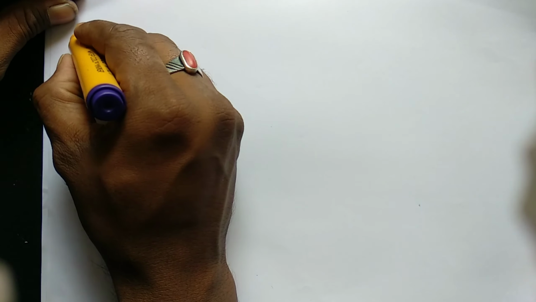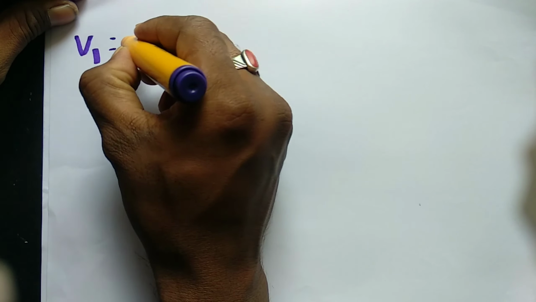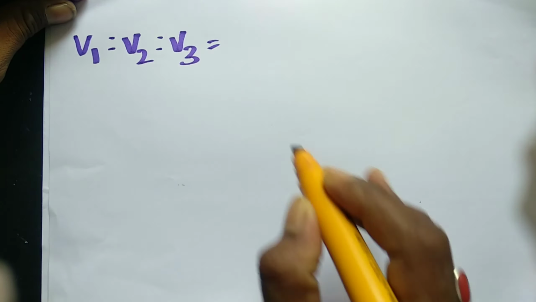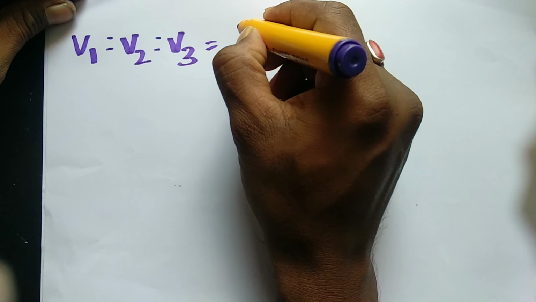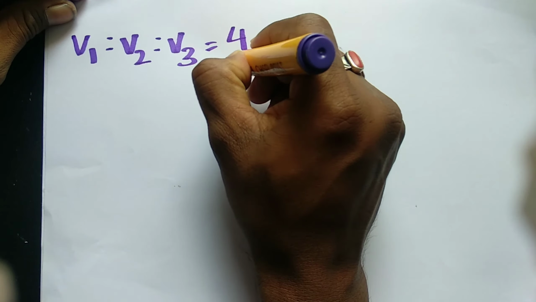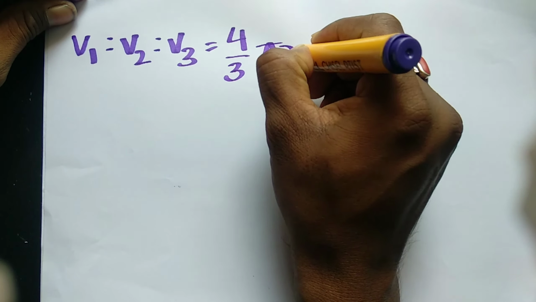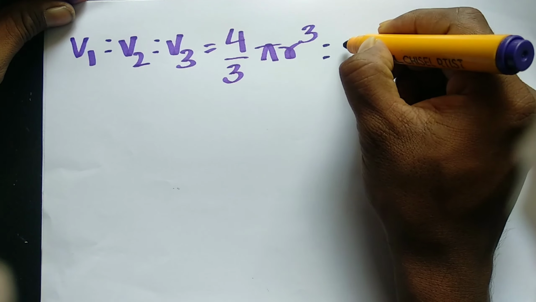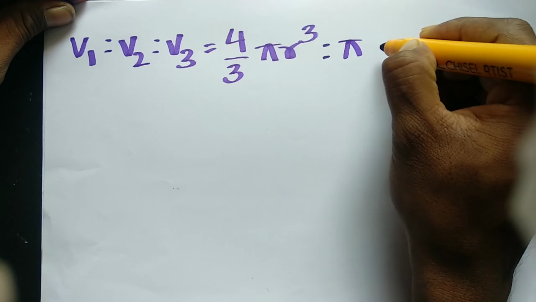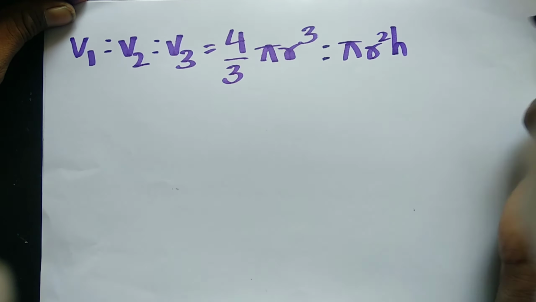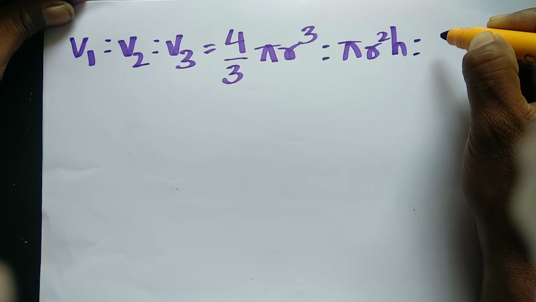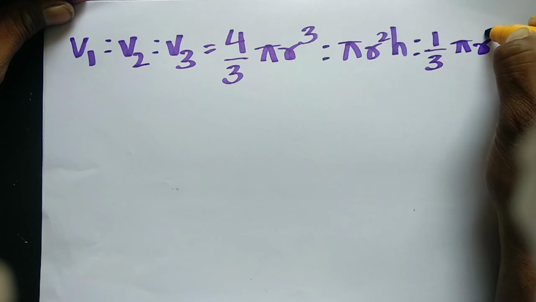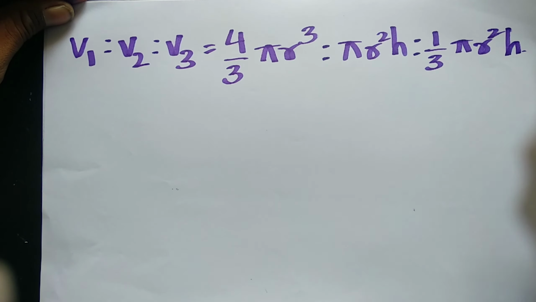V1 is to V2 is to V3. V1 is the volume of sphere, that is 4 by 3 pi r cube, is to volume of cylinder pi r square h, is to volume of cone 1 by 3 pi r square h.